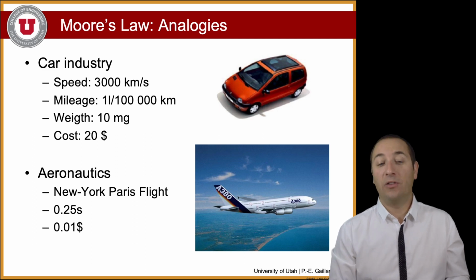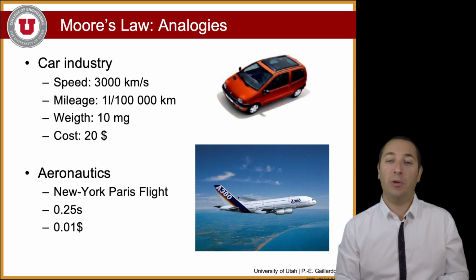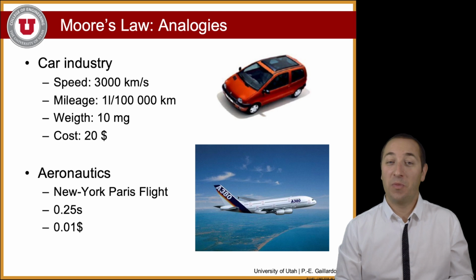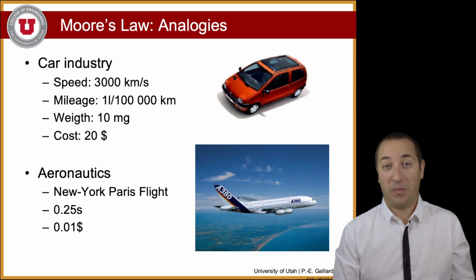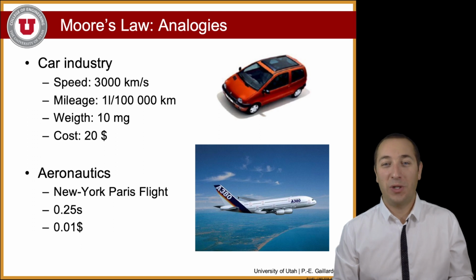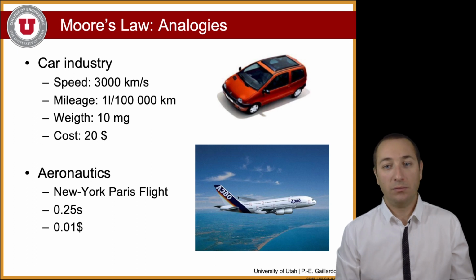Similarly, for aeronautics, a flight between New York and Paris should take a quarter of a second and cost only 1 cent. That never happened, of course, but I'm pretty sure that will help you appreciate the evolution and the degree of refinement of microelectronics.